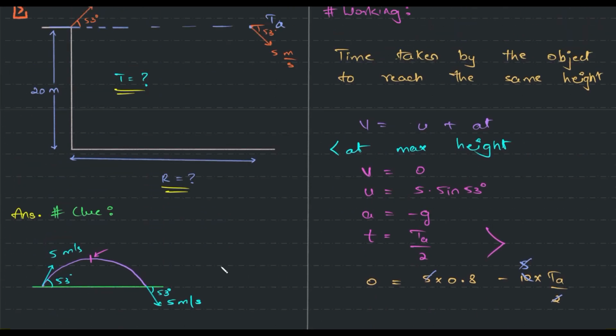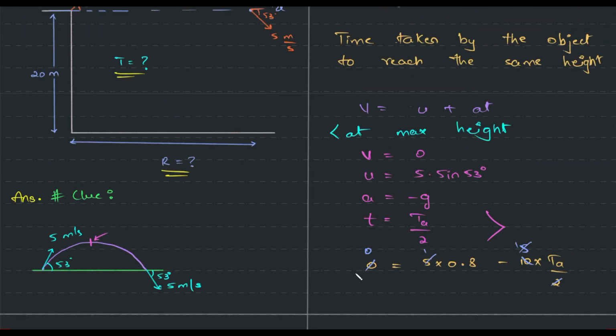I hope I didn't do any calculation mistake. Sine 53 is 0.8 itself. Yeah, 0.8. 5 will get cancelled. Yeah, that's it. 0.8 itself.